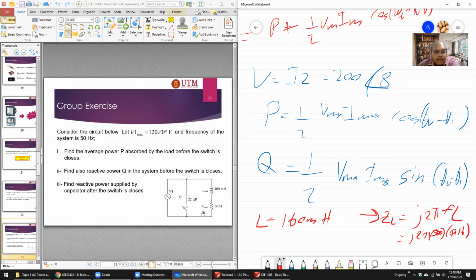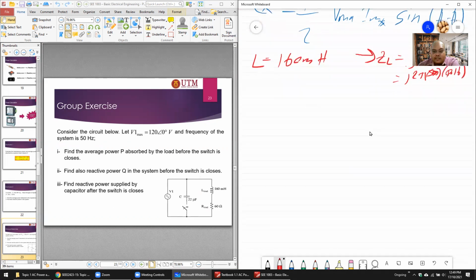Of course, you have to calculate the current passing through here. Let me move it. So for the power absorbed here, you can see Q. I is equal to, this is I. The capacitor, just ignore it, because before the switch closes, C is just redundant.